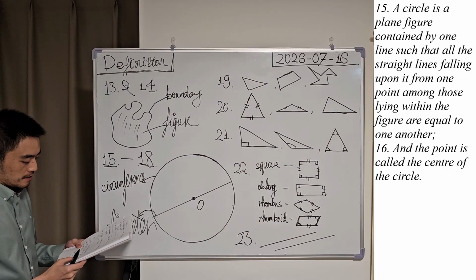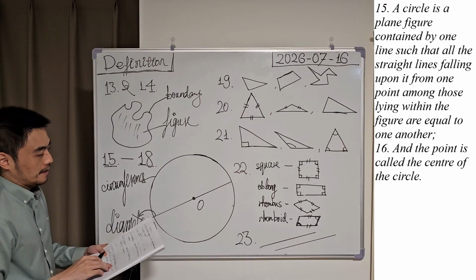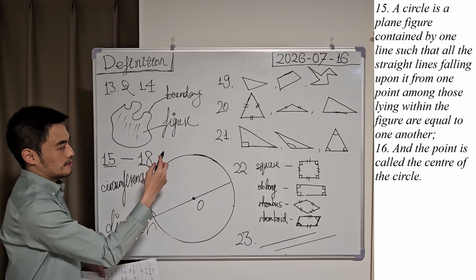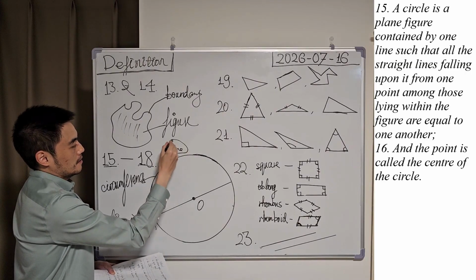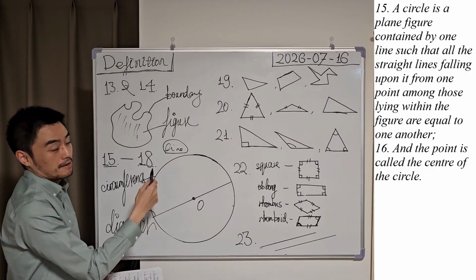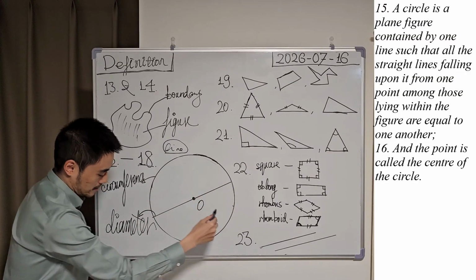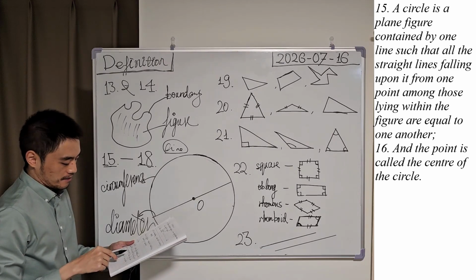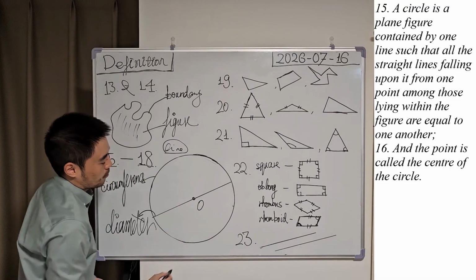Okay, so it says a plane figure contained by one line. One line: remember in the definitions, when Euclid says a line, it is not by default a straight line, it can be curved. So this is the so-called one line. And it says all straight lines falling upon it from one point. Let's say this is the so-called one point.